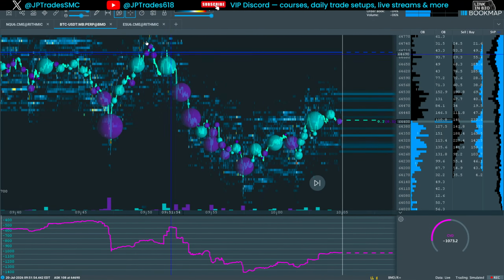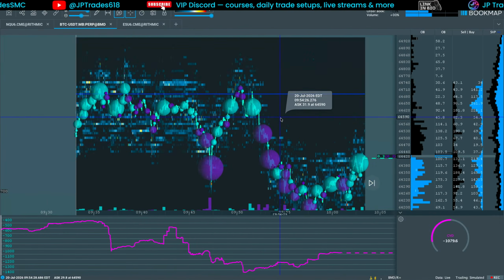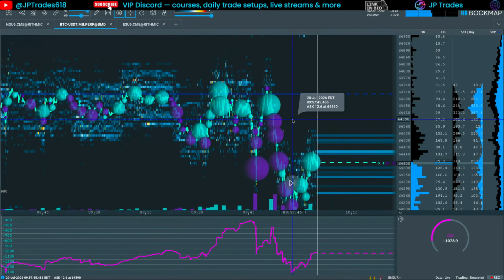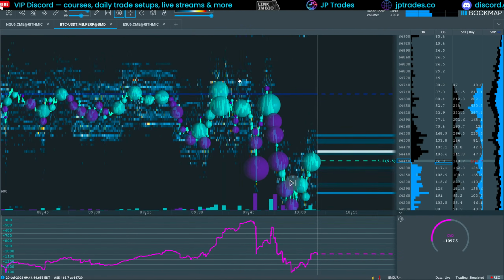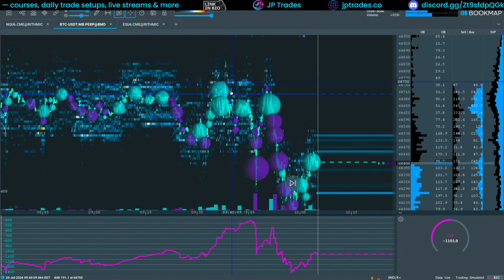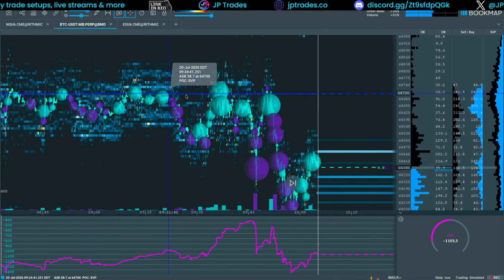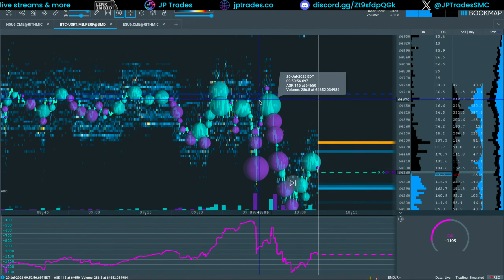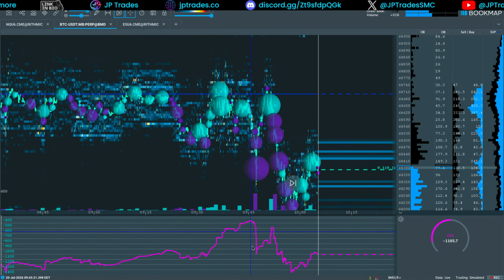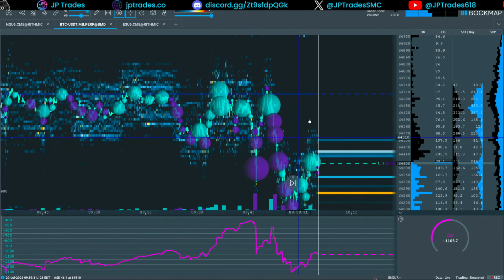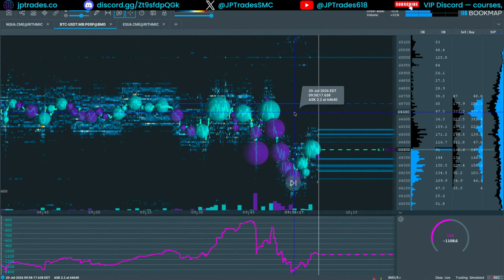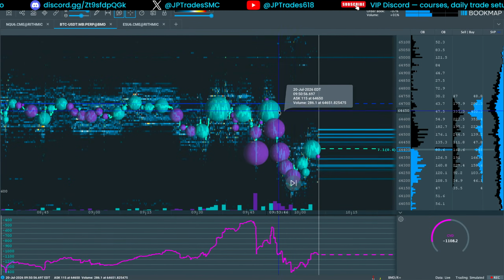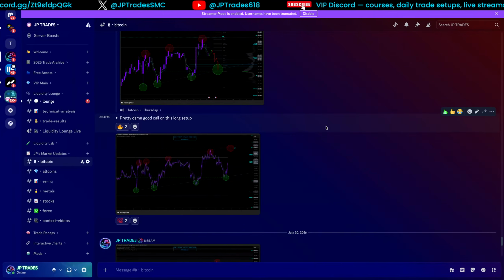Got a nice little miniature distribution right there at the point of control. Nice absorption here. CVD really had a vertical slope there. So it looks like we do have some nice selling pressure so far this morning from New York.